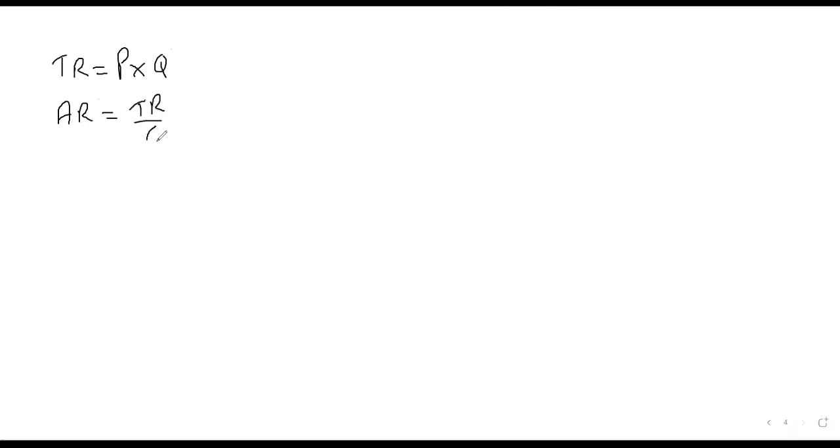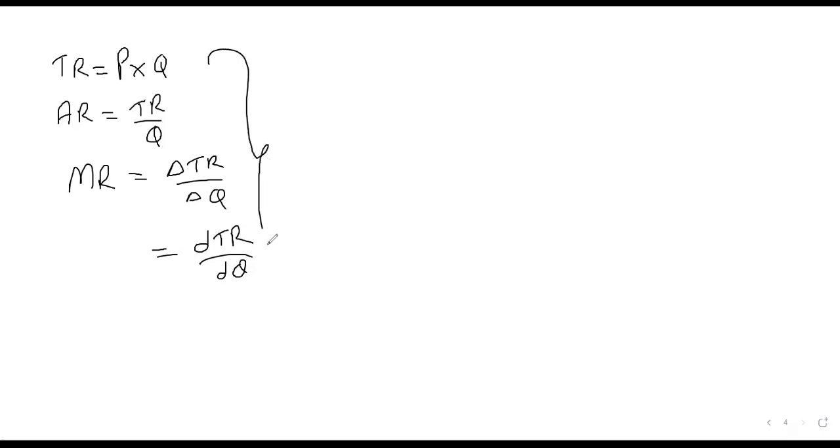Quantity. Marginal revenue is given by change in total revenue over the change in quantity. If you're using calculus, it is dTR over what? dQ. So this is how revenue analysis is done.